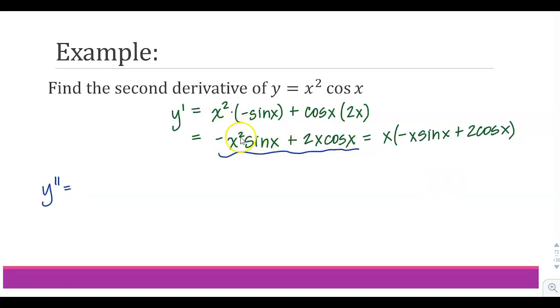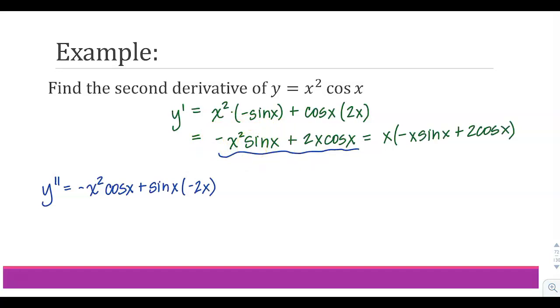We're going to use the product rule on this first piece. So the first function, negative x squared, times the derivative of sine is cosine x, plus the second function is sine x, times the derivative of the first is negative 2x. So this right here is just the derivative of negative x squared sine x.